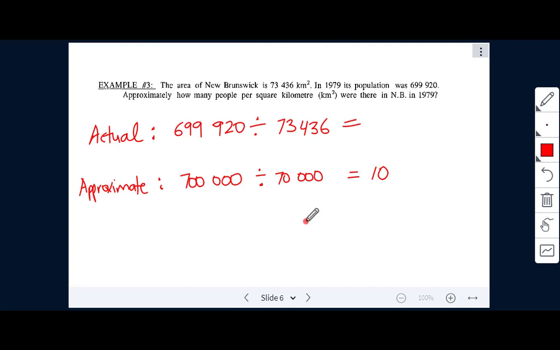So, how many people? About 10 people per kilometer squared. So 10 people per, that's what that slash is, per kilometers squared. In New Brunswick. In 1979.